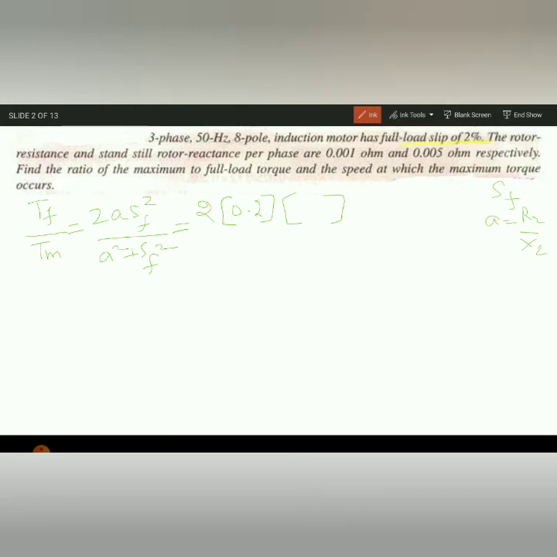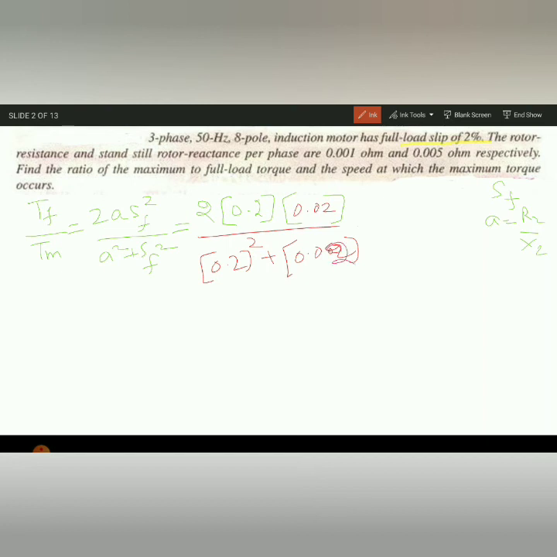Here it is 0.02 divided by, now again A, what is A? 0.2 whole square plus 0.02 the whole square.